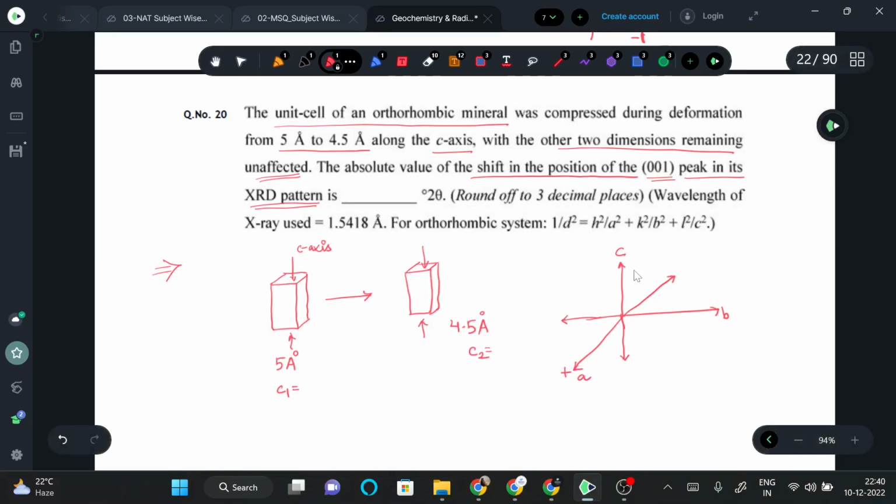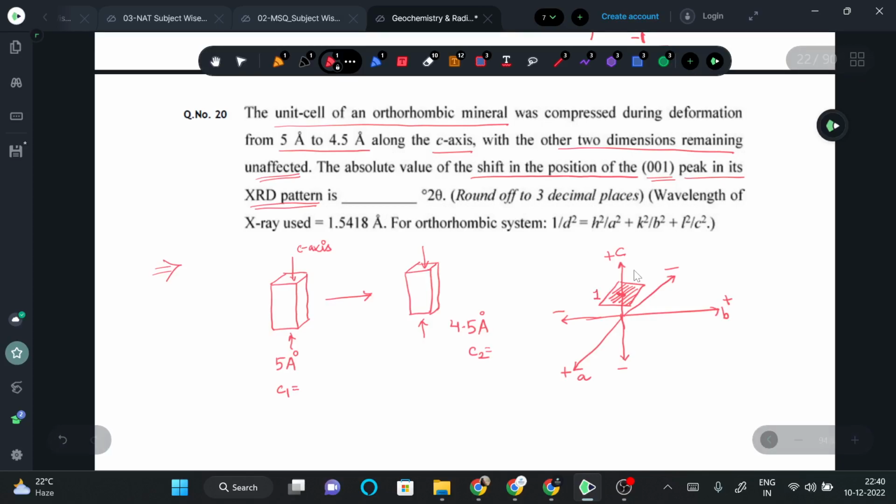This is plus direction, this is minus, plus, minus. In the C plus direction, the face would be somewhat like this, right? It will be parallel to the A and B axes. 001: there is no intercept on A, no intercept on B, there is one intercept on C. So it will have one intercept on C.